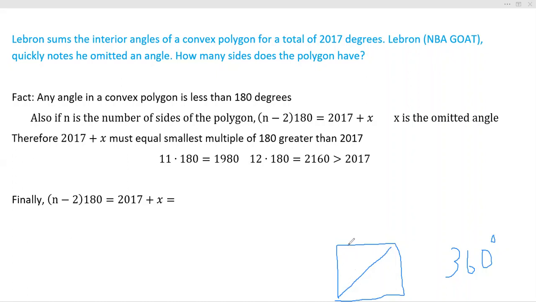But notice that we have 4 sides here. So it's real easy to believe the result here, 4 minus 2, times 180, and that's degrees, of course, which certainly equals the 360 that we know is true in advance, right? So again, 4 is the number of sides.